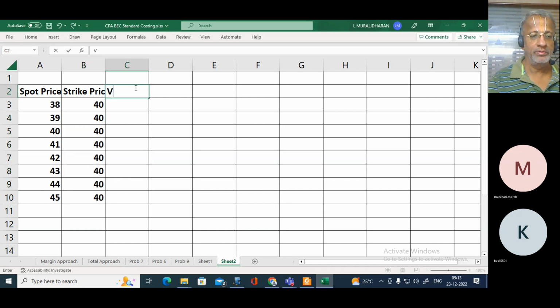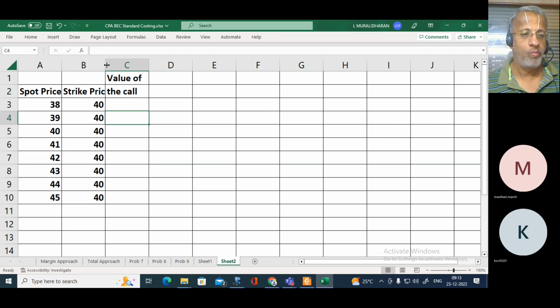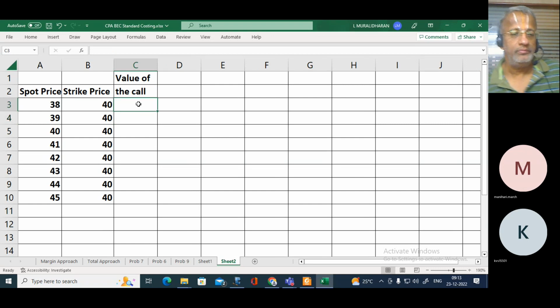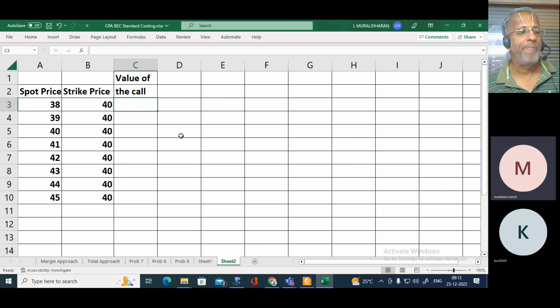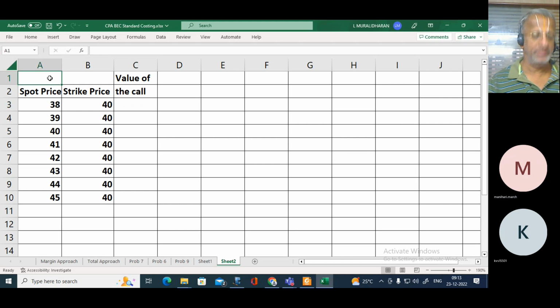Value of the call. What is the value of the call? Sir, FSP minus your strike price. Hmm. So this 2 is the future spot price.